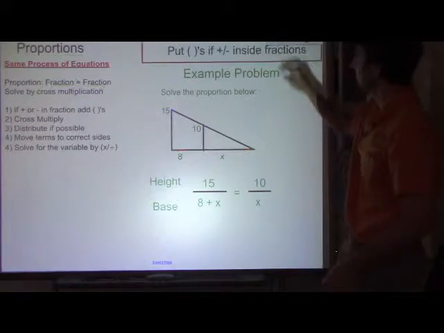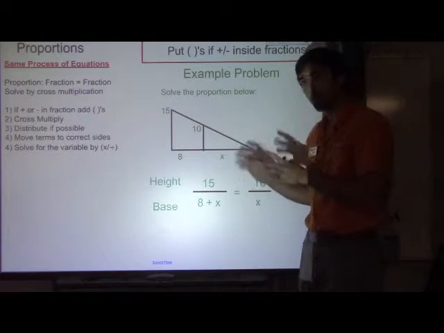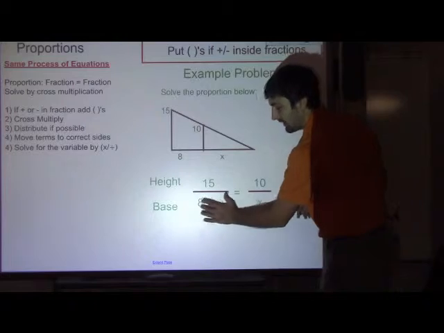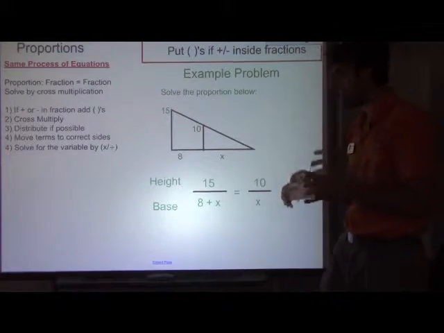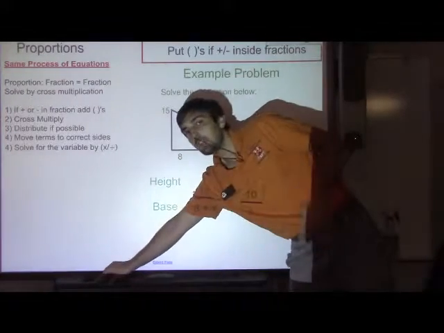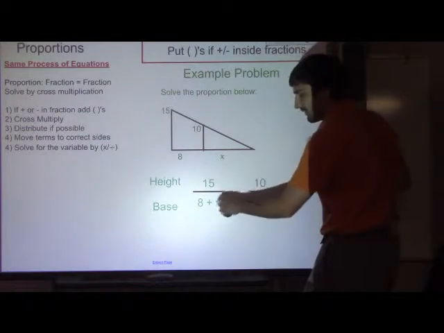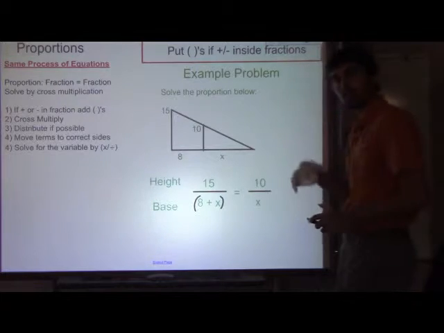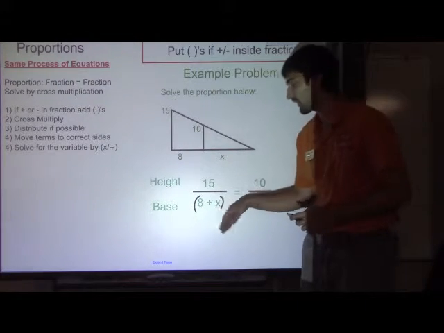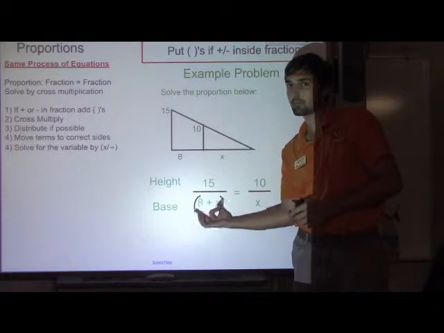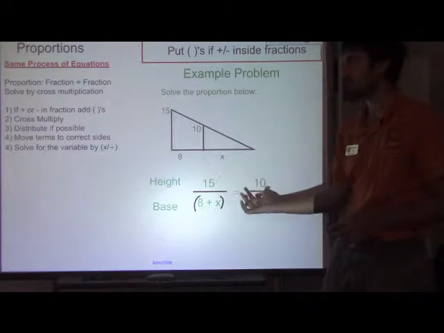The next thing you want to do is, if you ever have a fraction with adding or subtracting inside of it, like right here, do you see how we have 8 plus x? One of the things that I highly recommend doing, you don't need to, but it reduces error significantly: the second you see that, put parentheses. The reason we do that is this tells us that before we're allowed to divide, we're really supposed to add these numbers together. So you always put those in parentheses.